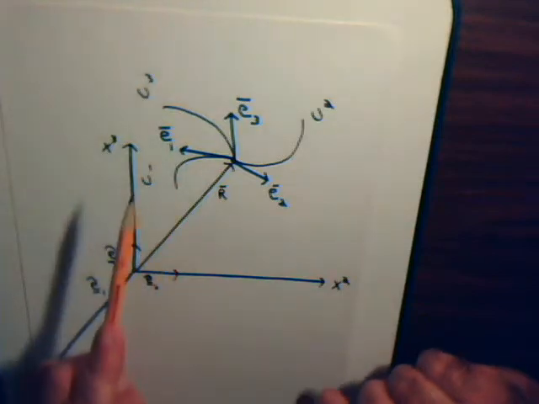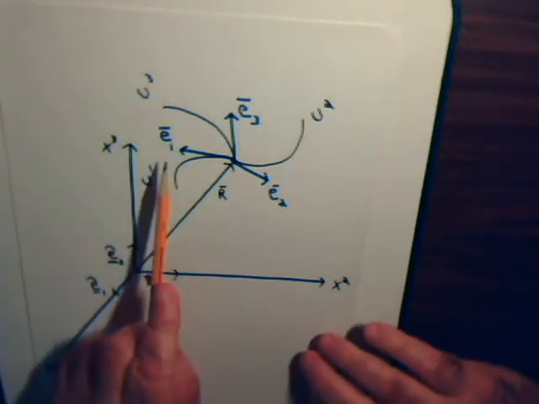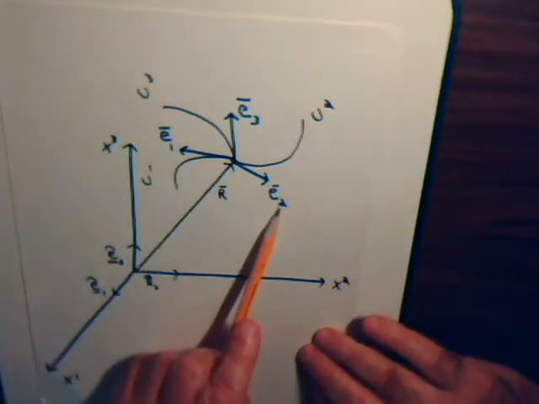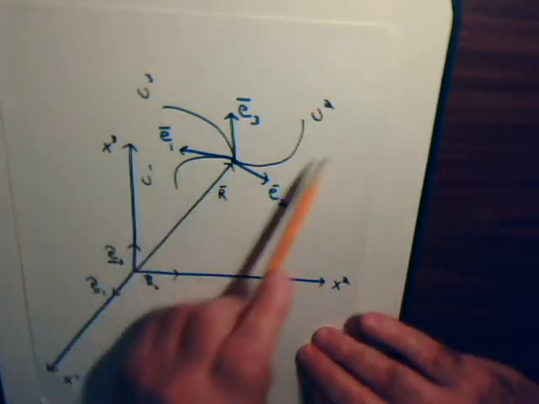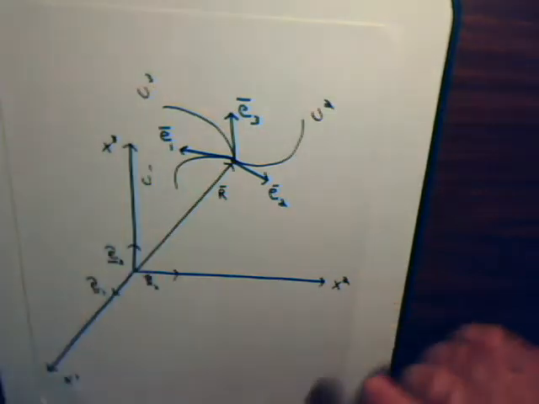Again, these tangent vectors we label with lower numbers, even though the axes themselves are labeled with upper numbers.